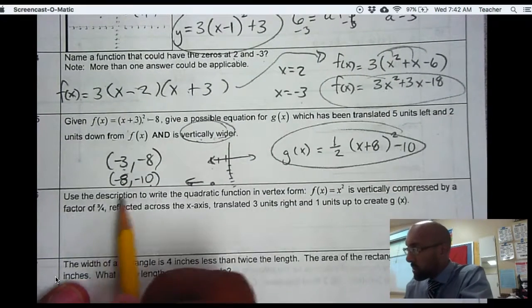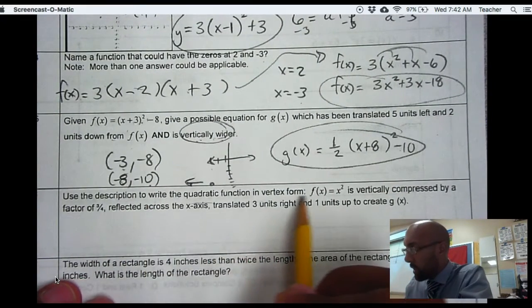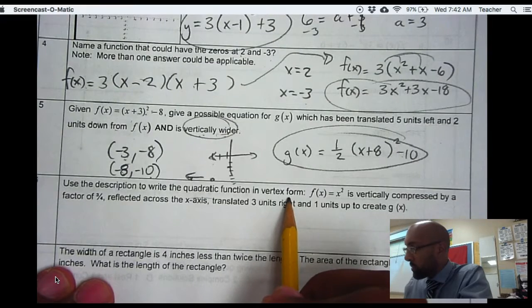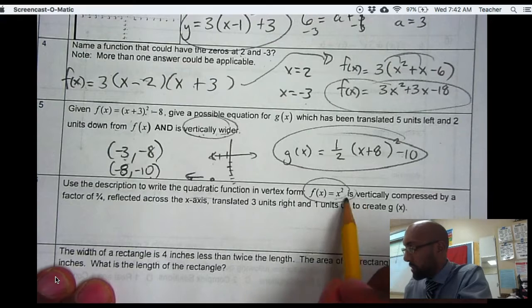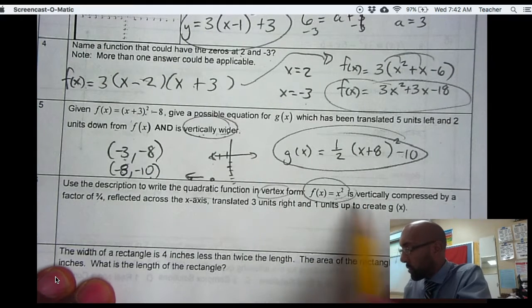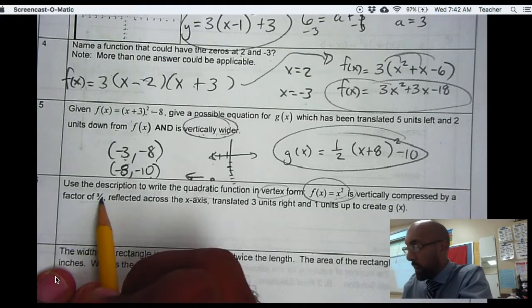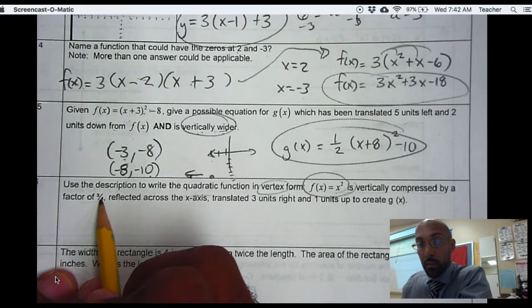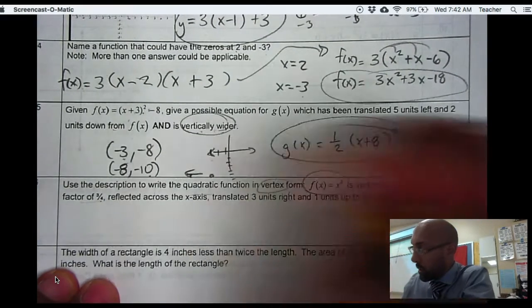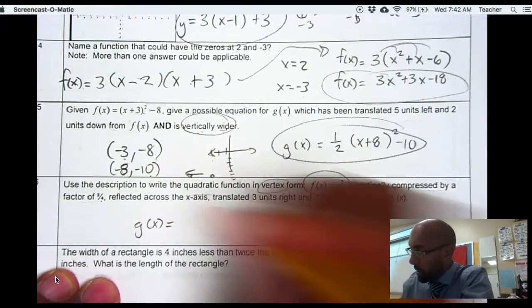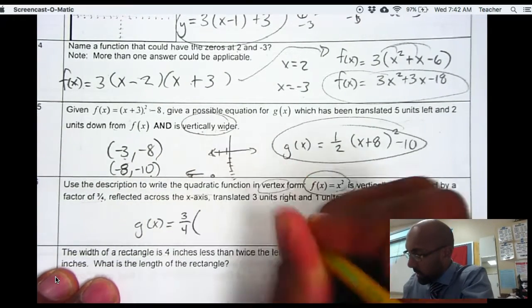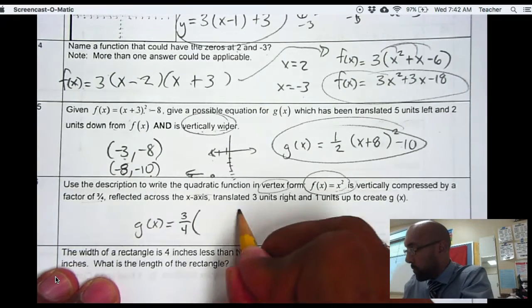All right, so use a description to write the quadratic function in vertex form. Okay, so this is x squared. So again, vertex form, vertically compressed by a factor of 3/4. All right, so first of all, g of x, because it's a new equation. So we have 3/4 on the outside. Remember, vertical goes on the outside, right?